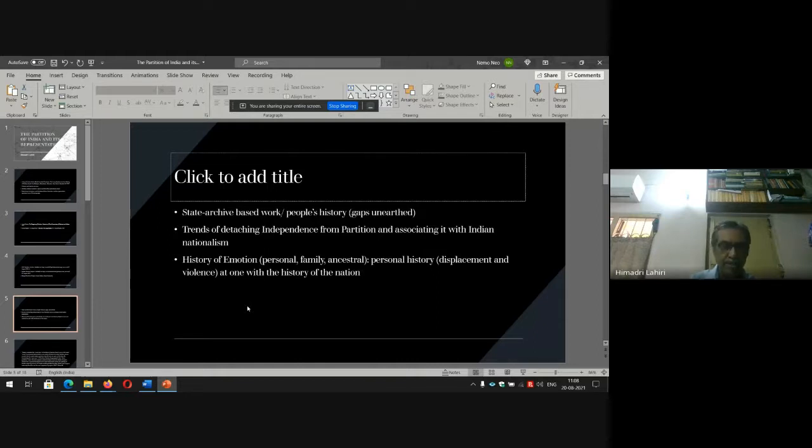So here in this particular book, what Malhotra has done is taken interviews of some people, and they have also collected some material through which memory is accessed, memory of the partition.